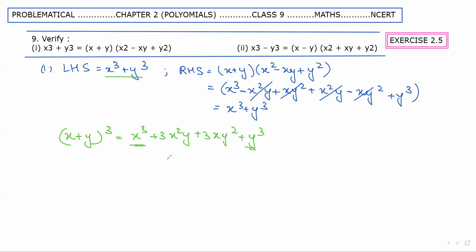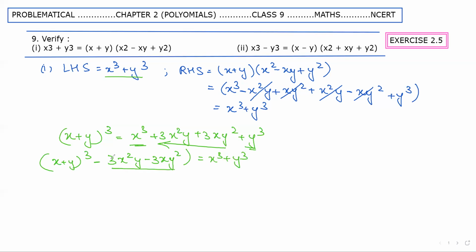Now, how can you use that? You can take these two terms to the left hand side. So you have (x plus y) whole cube minus 3x square y minus 3xy square is equal to x cube plus y cube.